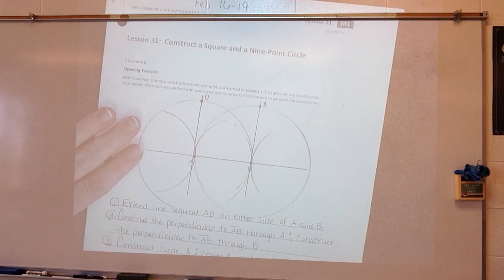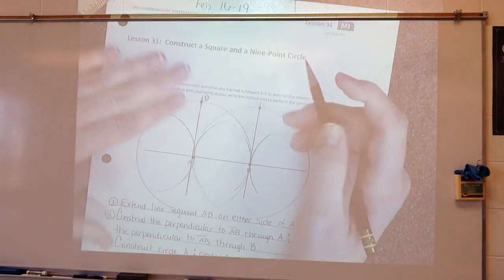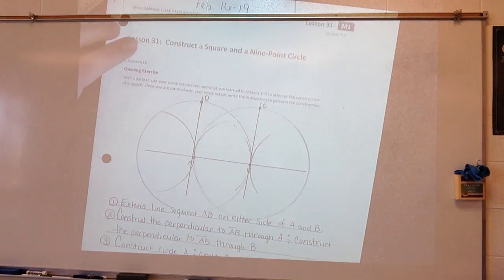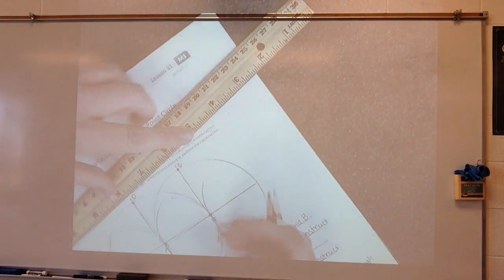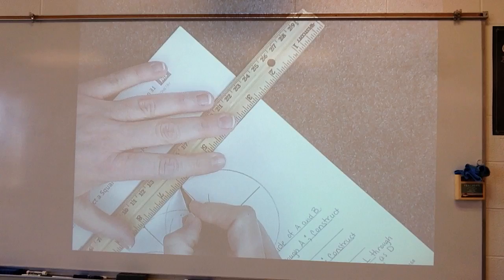Alright, you could do it down on this side. Alright, and call that point C. Oops, sorry, I didn't mean to put a B there. Call that point C. And then draw segment CD.